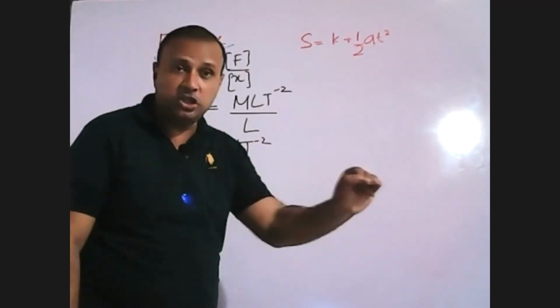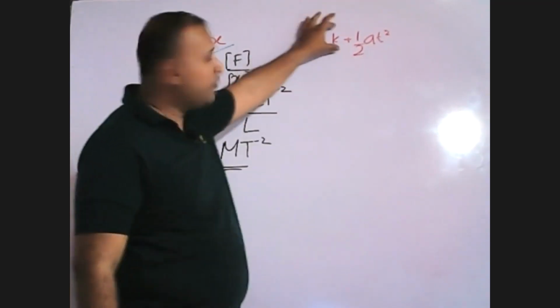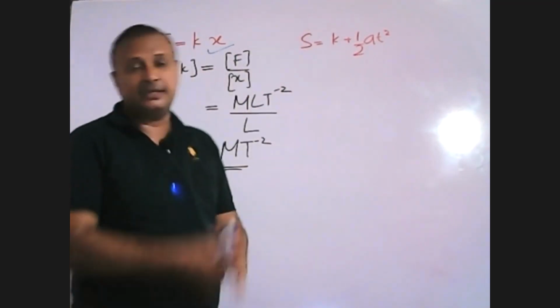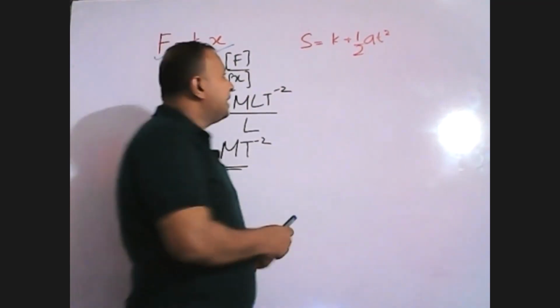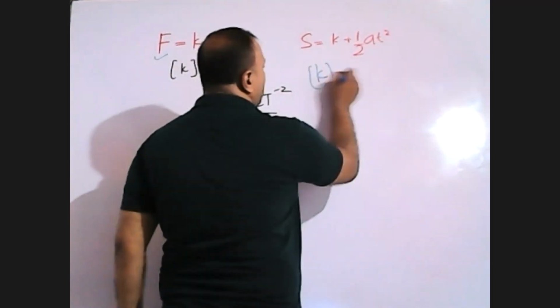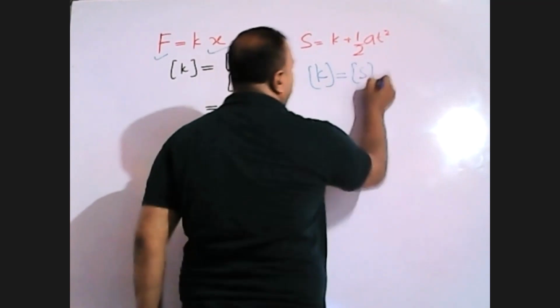According to that logic, the dimension of k should be equal to the dimension of s.